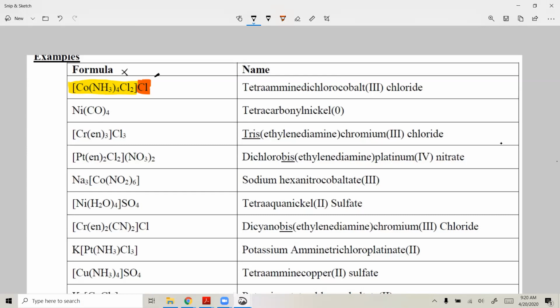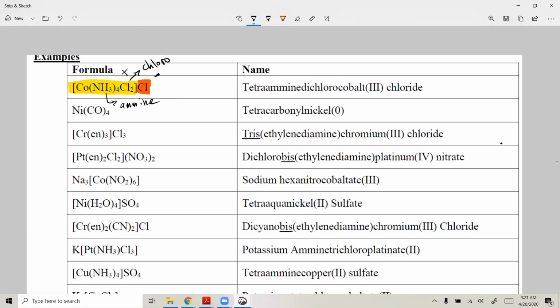So we want to go through our ligands, and so let's break this down. We have NH3. Now, if we look on our list, NH3 is amine. And we have chlorine, which is our chloro.